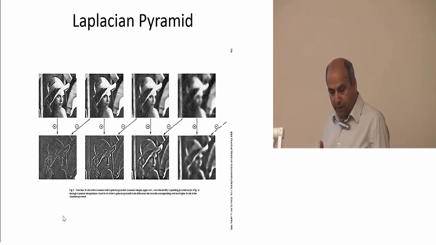So now this is your Laplacian pyramid. Now the reason why is it compressing? Why is it going to save bits? And the reason is shown here, that we have an image like this, Lena image. Now if you look at the histogram of this image, it looks like that.